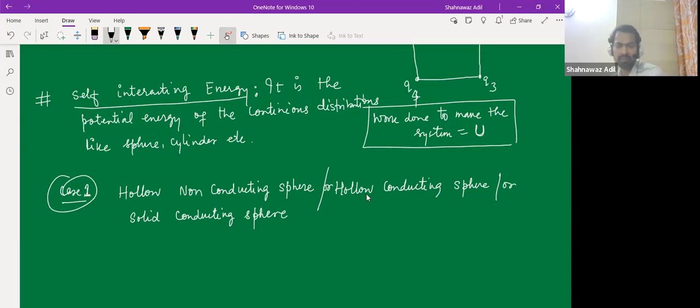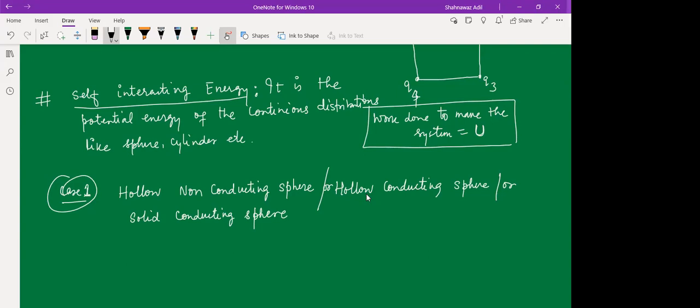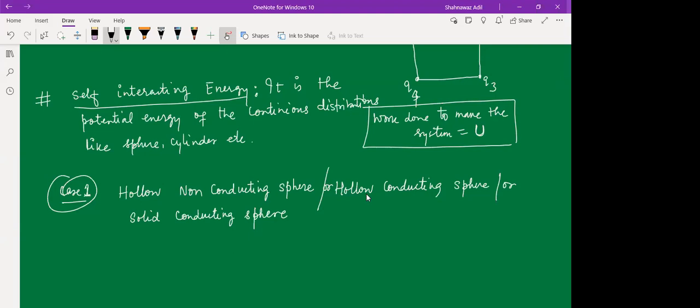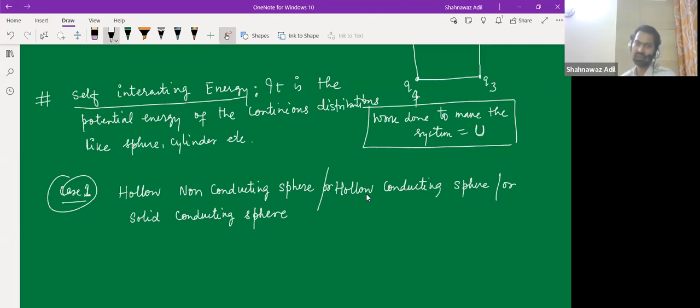So what is the peculiar thing about these spheres? What is the special thing about these spheres? They all have self-interacting energy, and they are continuous distributions. A hollow sphere is a continuous distribution on the surface.